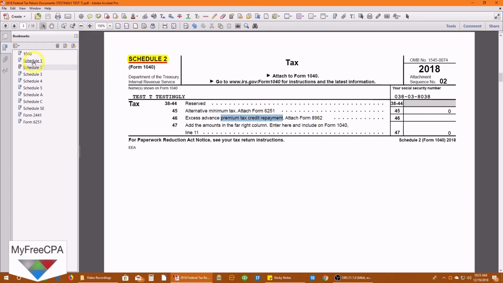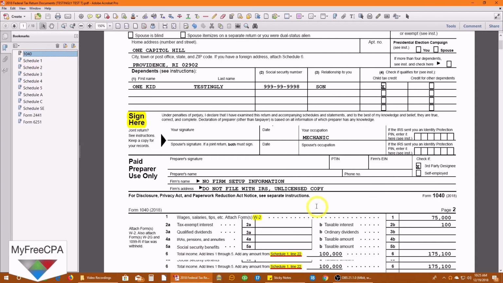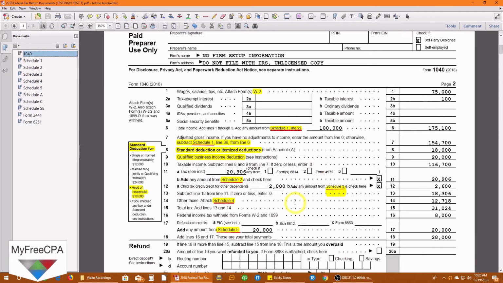That goes on Schedule 2. In this case, this taxpayer had none of these things, so we're not going to add anything from Schedule 2. And so the total amount is going to be the $20,906, which would have been added to by what's on Schedule 2, but it's not. So $20,906. That's the tax we owe before credits.